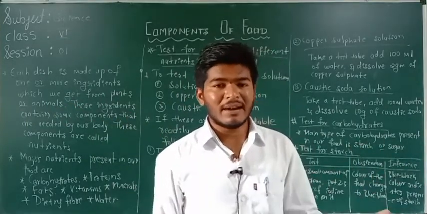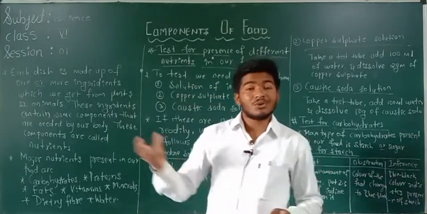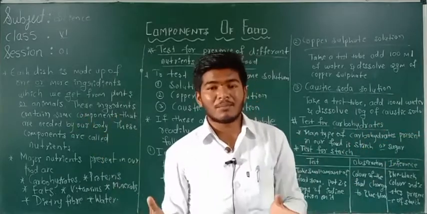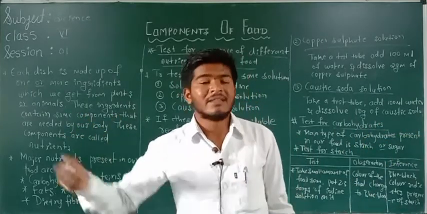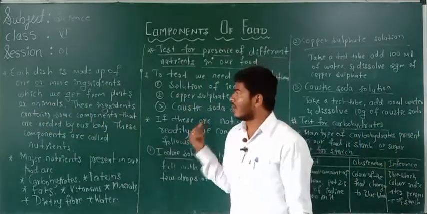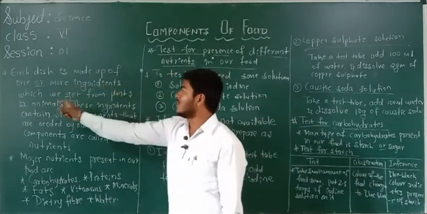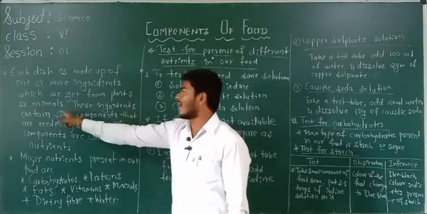What are the animal ingredients? When we use curd, ghee or milk, those are animal products. Each dish is made up of one or more ingredients which we get from plants or animals.